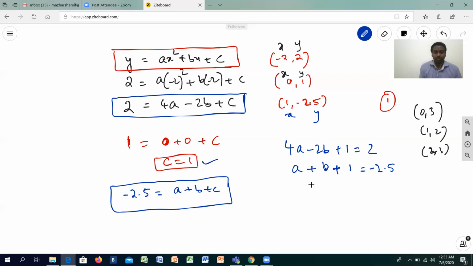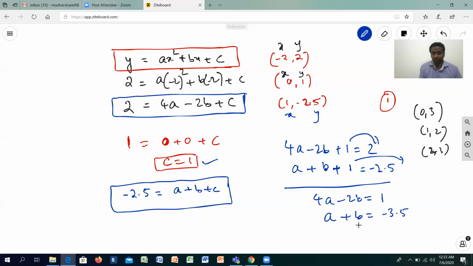So what will happen then? When you shift it to the other side, subtract 1 from 2, and respectively for this, you will have 4a minus 2b is equal to 1, and this will be reduced to a plus b is equal to negative 3.5. You can use elimination, a crisscross method, or a substitution method in order to get the value of a and b.